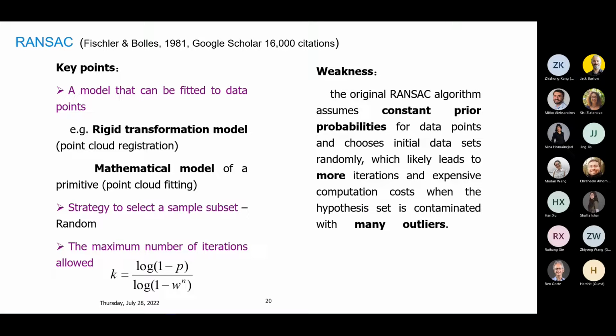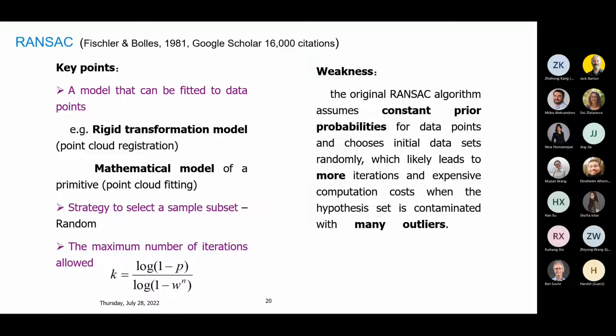We can see some weakness in the original RANSAC algorithm because it assumes the same prior probability for each data point, which means if the data set has a high number of outliers, the iteration will take much more time to end with a good result.